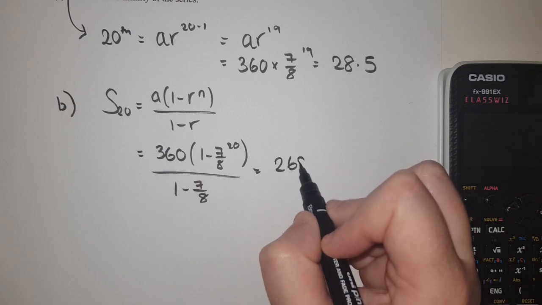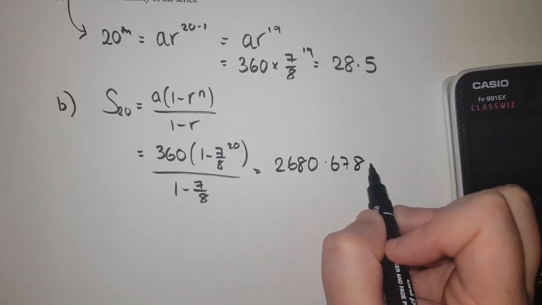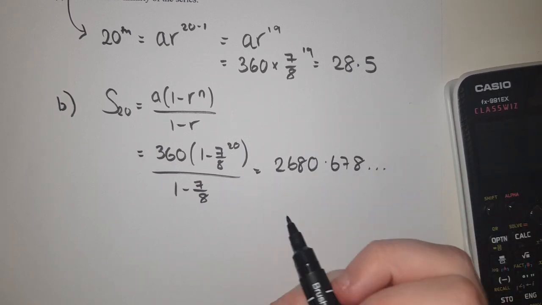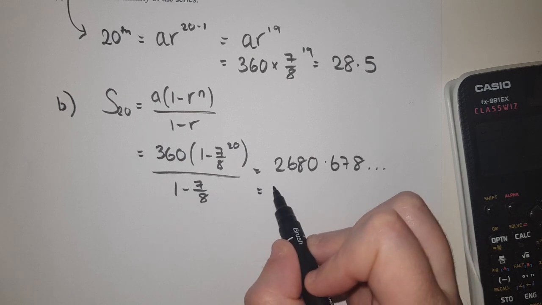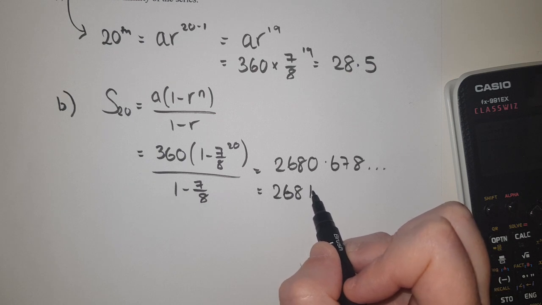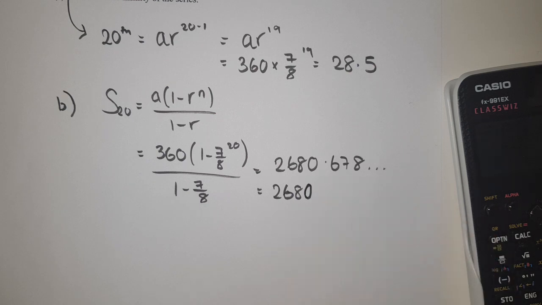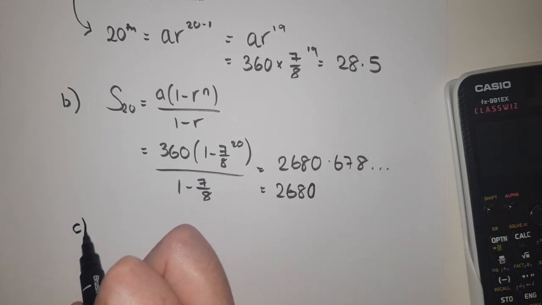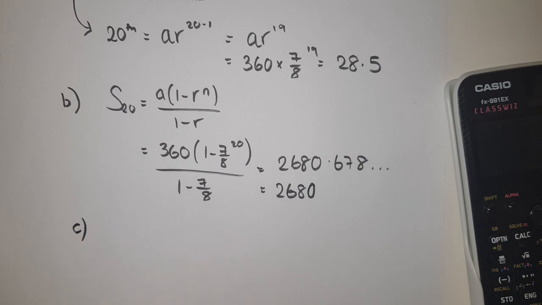You're going to get 2680.678 and so on. They wanted 3 significant figures, so 2681, sorry, 2680 to 3 significant figures.